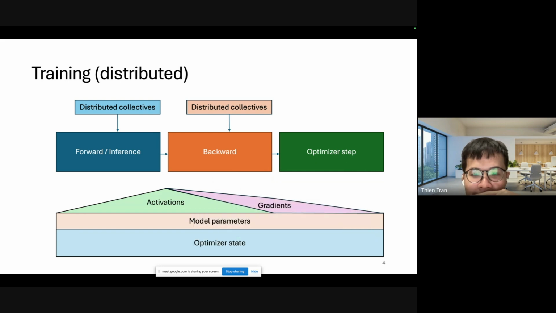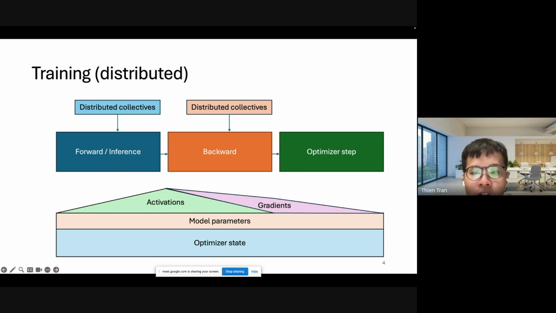And you can see below here, I put a diagram of the memory footprint of what's happening during one forward pass, backward pass and optimizer step. During the forward pass, you build up the activations. Then during backward, you free up the activation memory but you build up gradient memory. And the optimizer step will use the gradient to do the weight update, so that's why it's going down here.